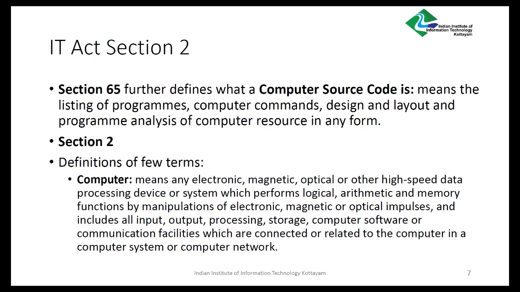The law defines computer as any electronic, magnetic, optical, or other high-speed data processing device or system which performs logical, arithmetic, and memory functions by manipulations of electronic, magnetic, or optical impulses, and includes all inputs, output. You get it. So the point is that it covers pretty much a whole lot, right? They know what they're talking about.